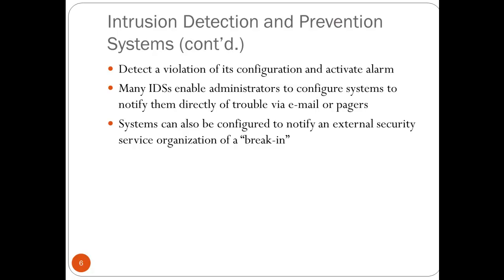Many intrusion detection systems enable administrators to configure the system to notify them directly of trouble, maybe via email or page or text message. The system can also be configured to notify an external security service of a potential break-in, so it can be outsourced as well.